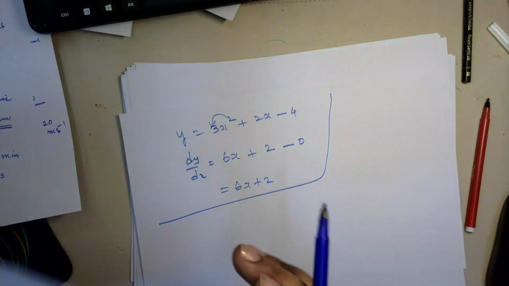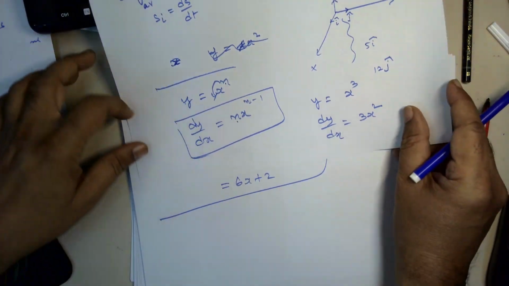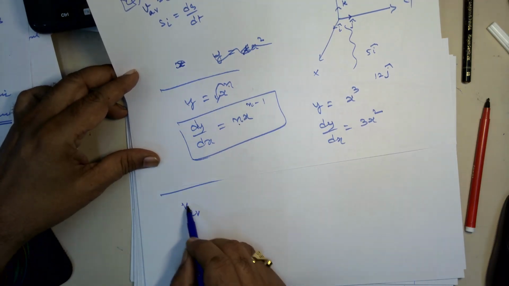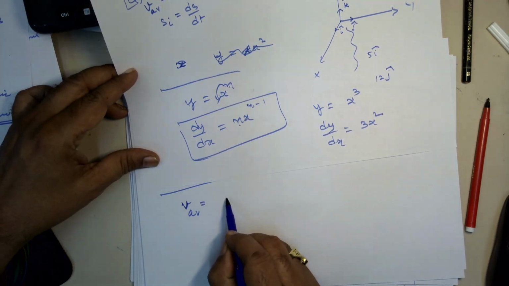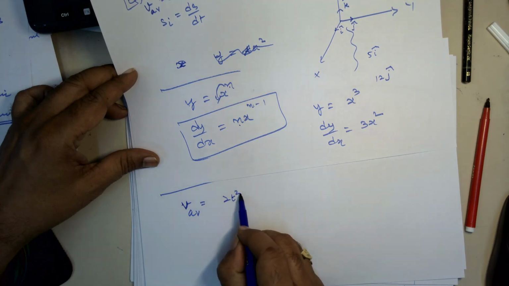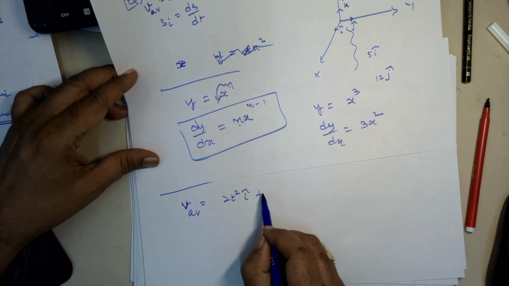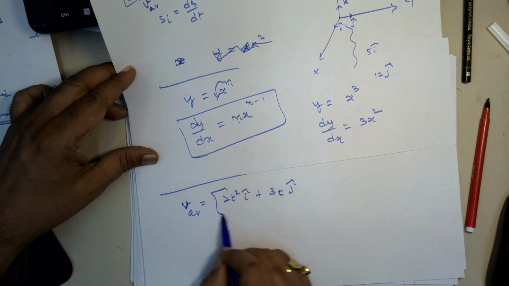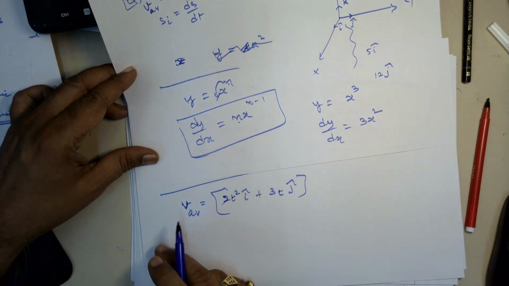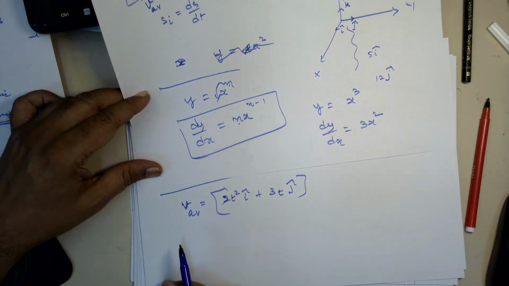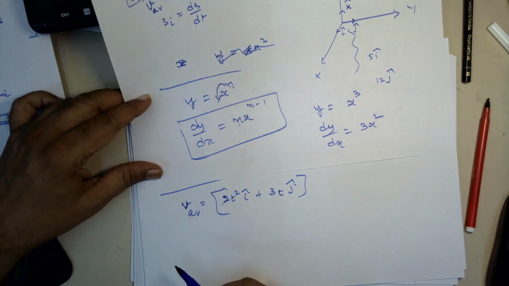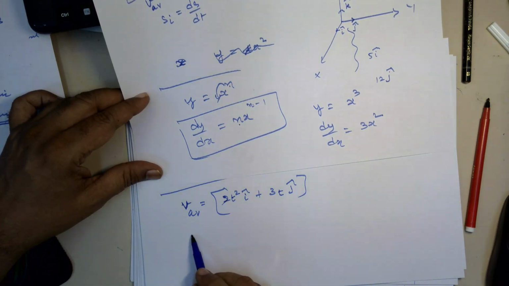So now what is the problem given here? Let me go to the problem now. What is given? The position S is 2t squared i cap plus 3t j cap. It is differentiated between S and t. So what are we supposed to do?